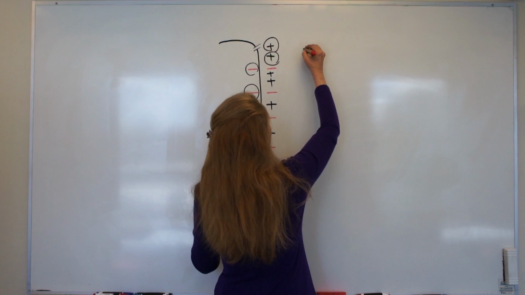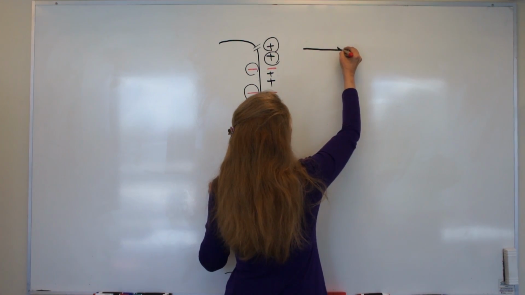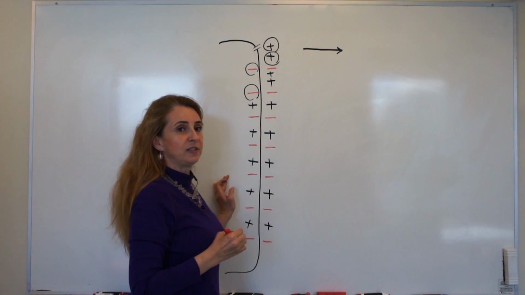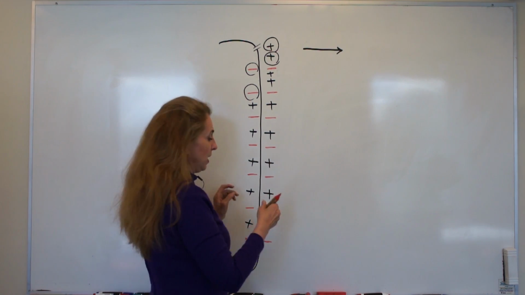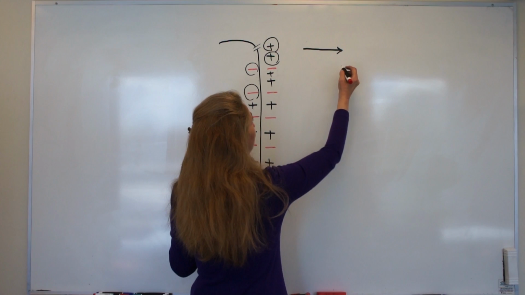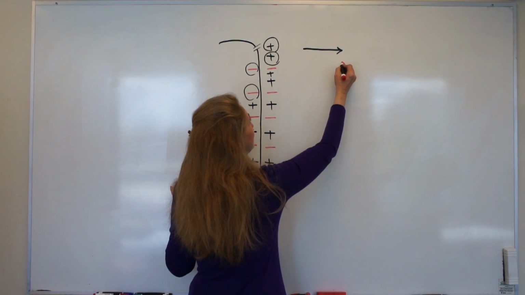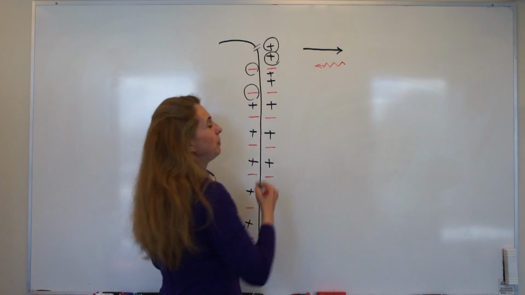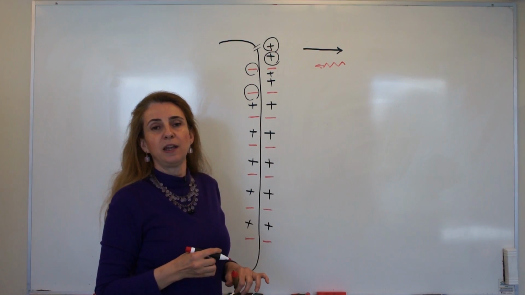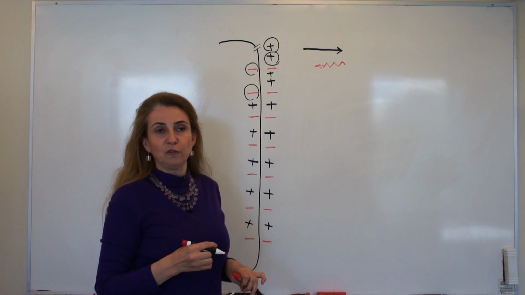The chemical force produced by the concentration difference will be represented by a black arrow, and the electrical force that is produced by the electrical potential difference will be represented by a red zigzag arrow from now on.